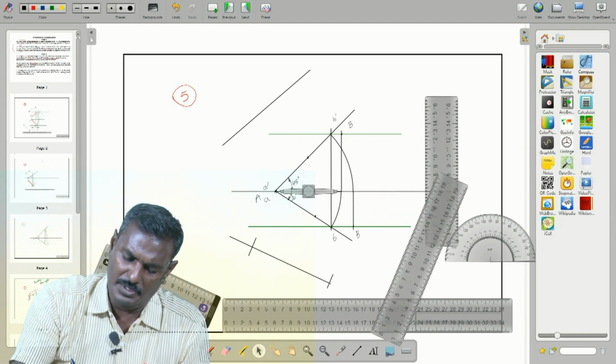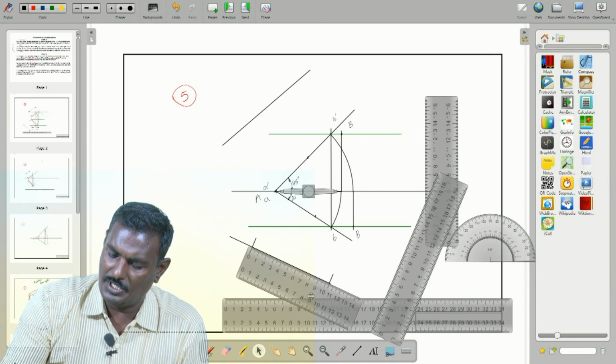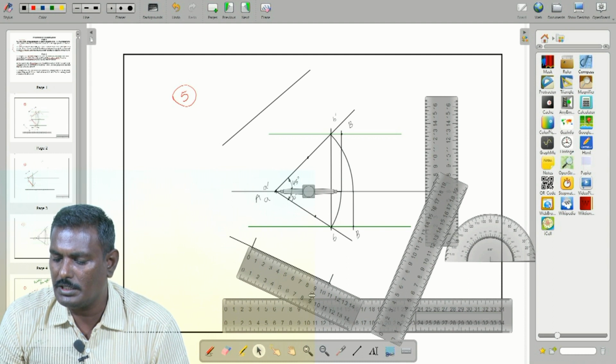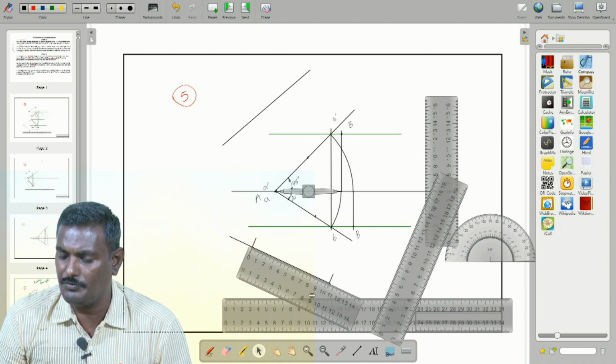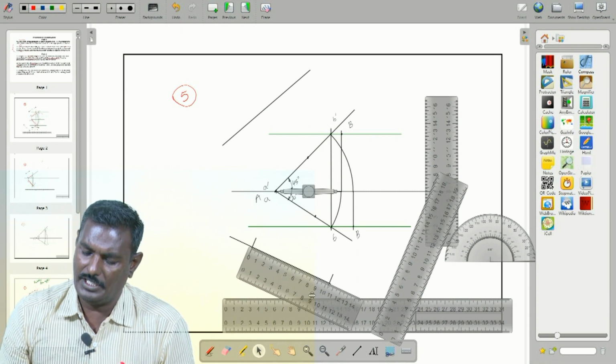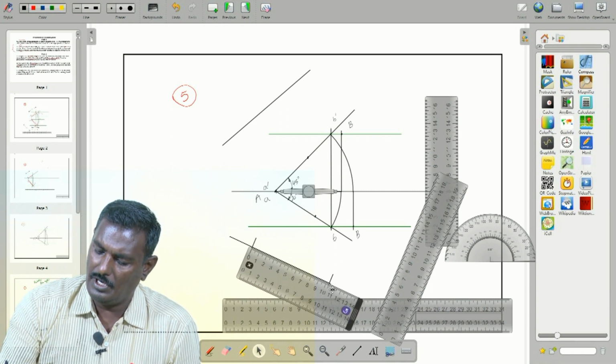So what about the measurements it shows? What measurements does it show? Yeah, around 10.4, that is 104 mm true length, 104 mm true length.